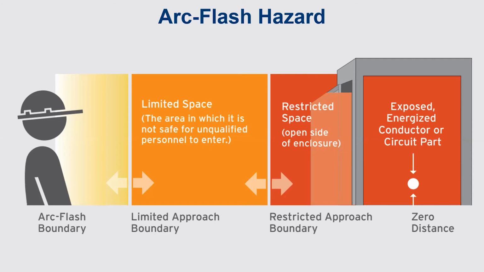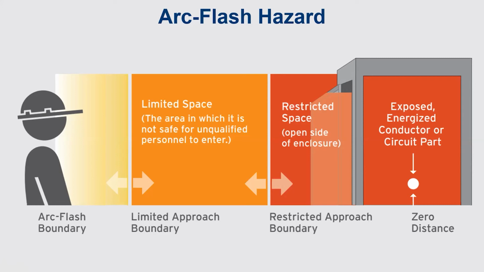Then we have an arc flash boundary, which is a calculated boundary, the distance from the live conductors within which an arc flash incident can cause a second degree burn. A second degree burn in terms of the arc flash incident energy is 1.2 calories per centimeter square.